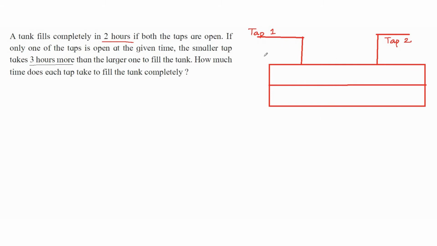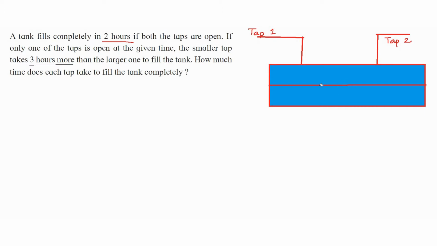So this is the tank that is shown. In 2 hours, it can basically fill the whole tank. That means I can split this particular tank in 2 sections. In the first hour, it fills the first half of the tank.